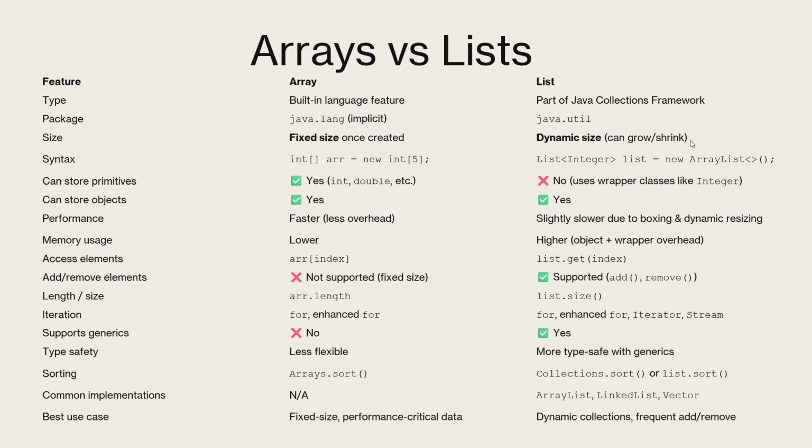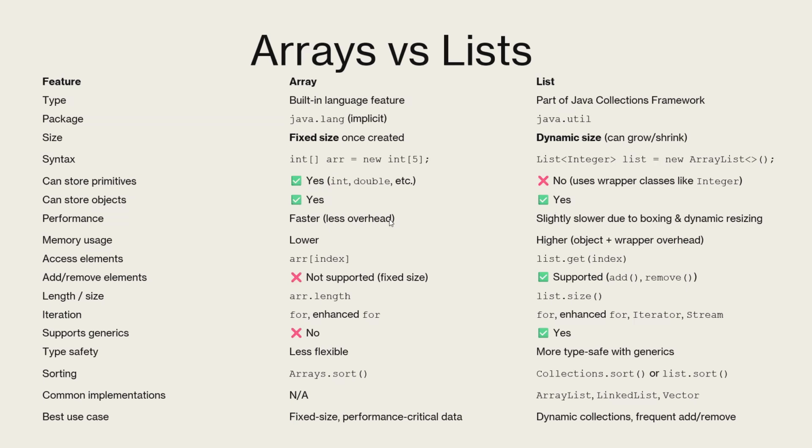However, lists can be dynamically resized. The syntax for creating arrays versus lists is different. Arrays can store both primitives and reference types, but lists can only store reference types.